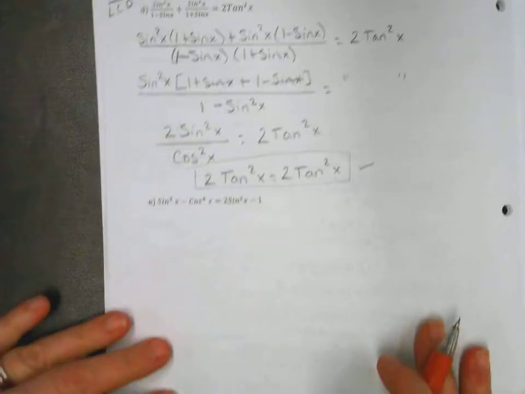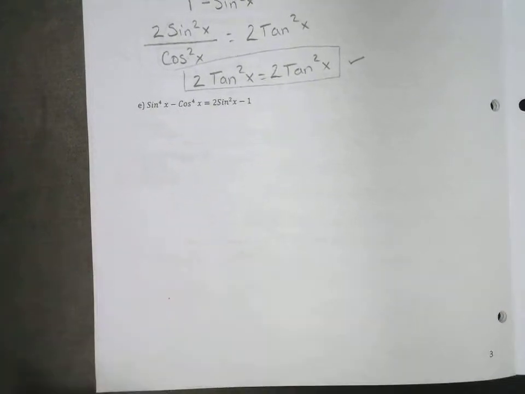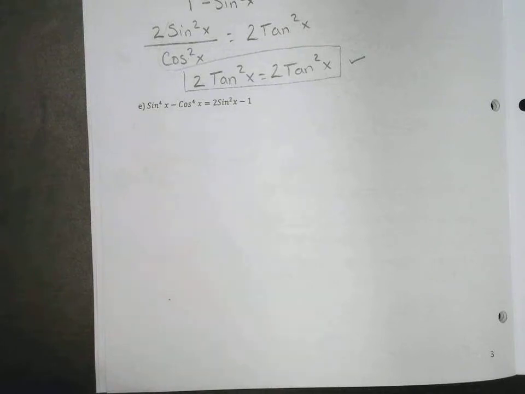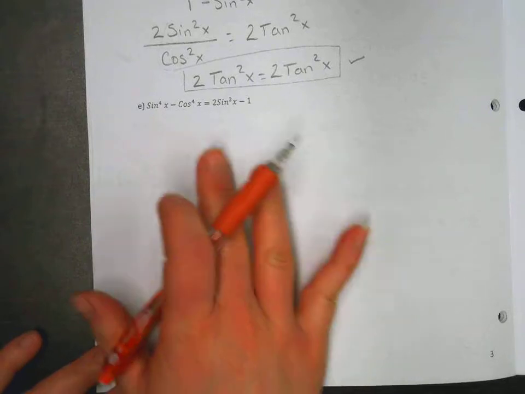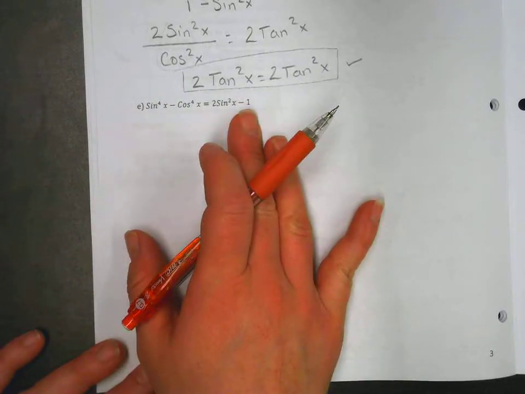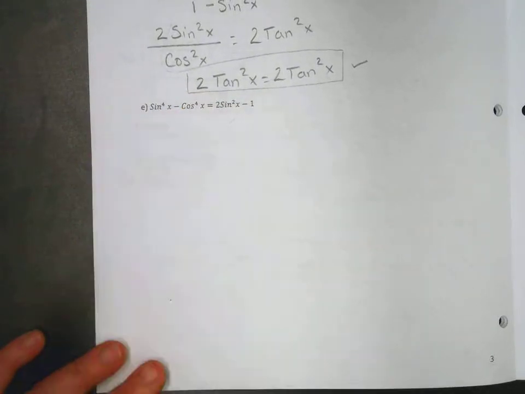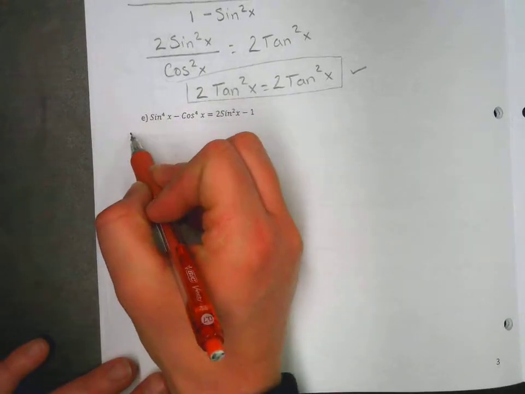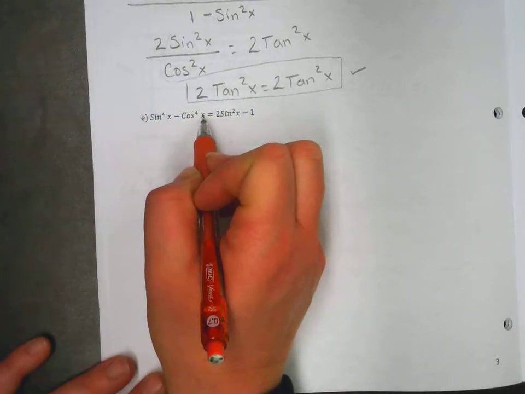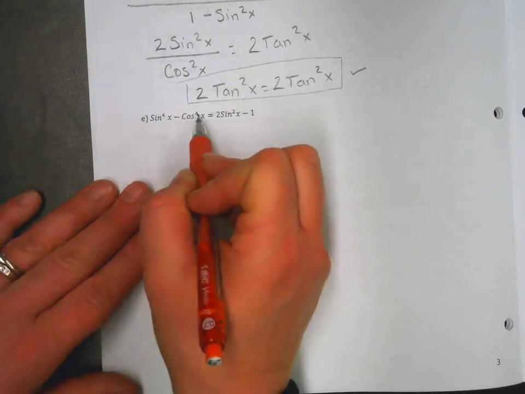Okay, and then the last question, sine to the 4th x minus cos to the 4th of x is equal to 2 sine squared x minus 1. To me, the left side looks more complex than the other, so I'm going to work with the left-hand side. Again, I recognize this as a difference of squares, so kind of tricky.